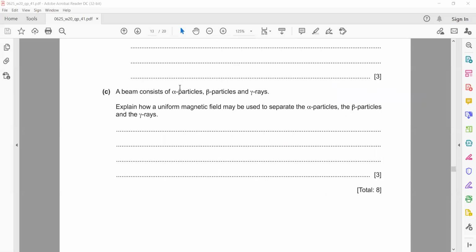A beam consists of alpha, beta, and gamma. Explain how a uniform magnetic field may be used to separate alpha, beta, and gamma.